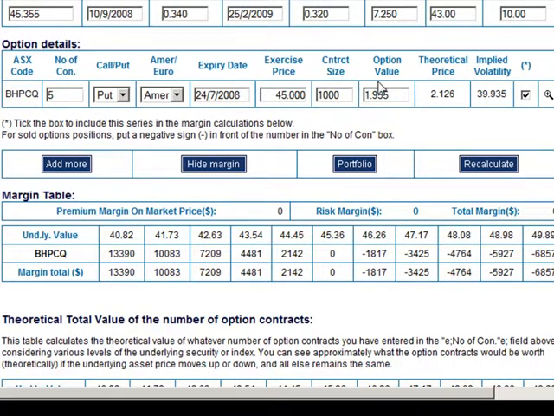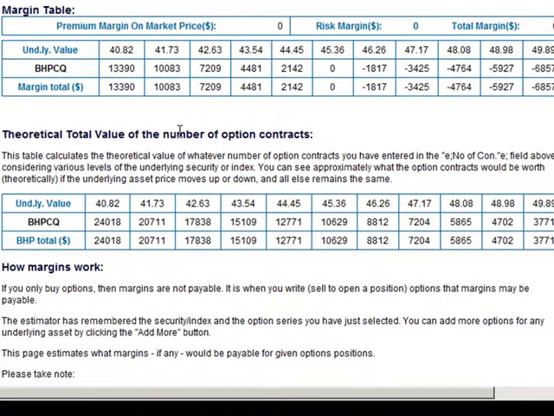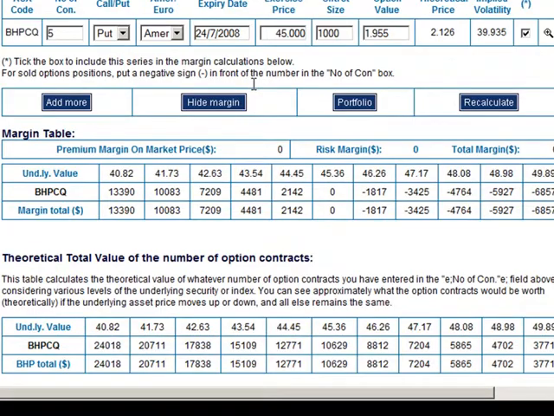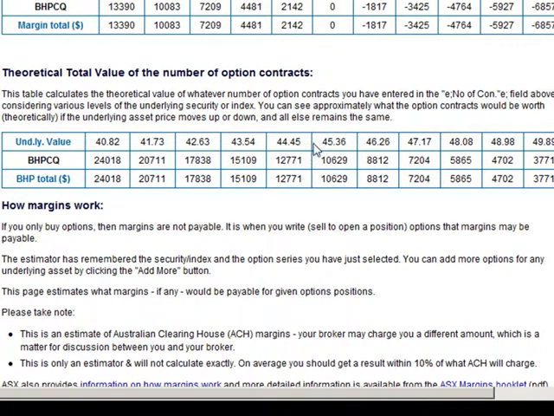And that would roughly be the price that I'd be getting for it per contract. And this is the amount of margin I'm going to have to come up with. At the moment, if I'm selling these naked puts, this is the price. Immediately I'm up for this $10,629 margin. That will come out immediately.